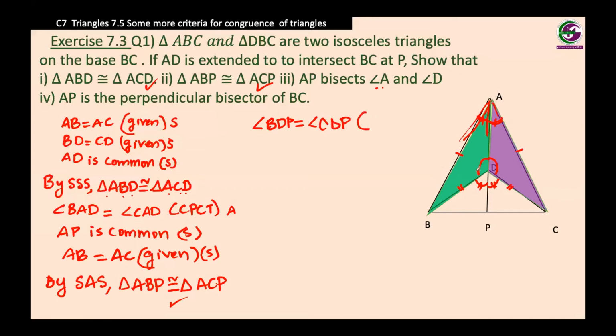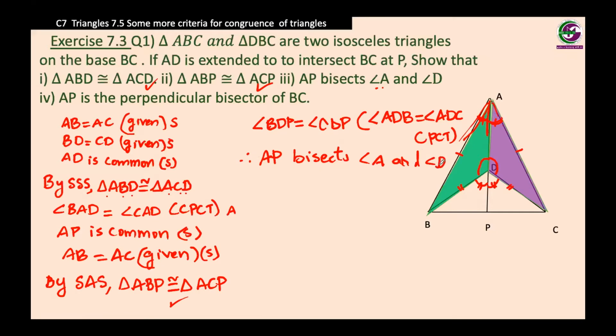Because angle ADB and ADC are equal. Angle ADB is equal to angle ADC by CPCT. If these two angles are equal, which means AP bisects angle A, which we proved from the beginning, and now angle D.